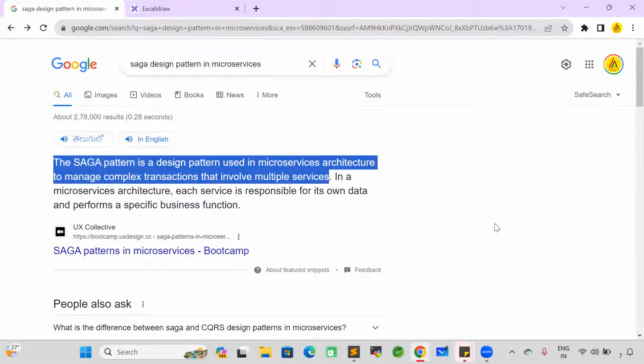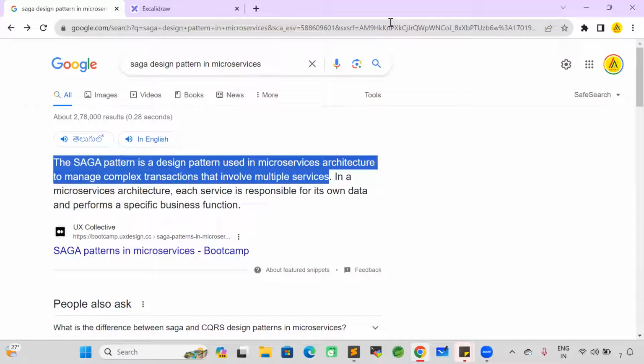When a request is processed by multiple services, managing the transactions becomes difficult. So in order to simplify transaction management across multiple microservices, we are going to use the SAGA design pattern in the project. Now you have the basic idea of why we are going for the SAGA design pattern and what problem it is going to solve.